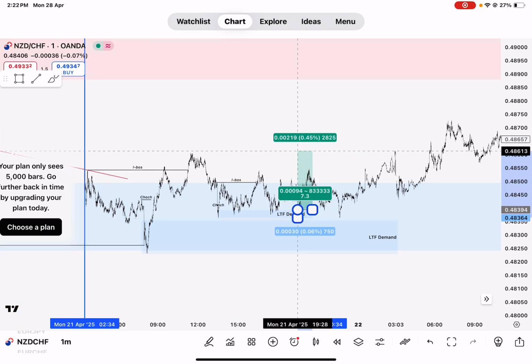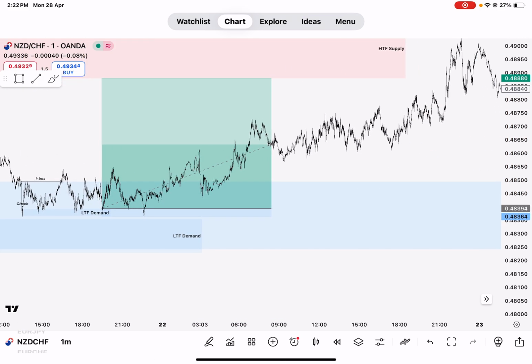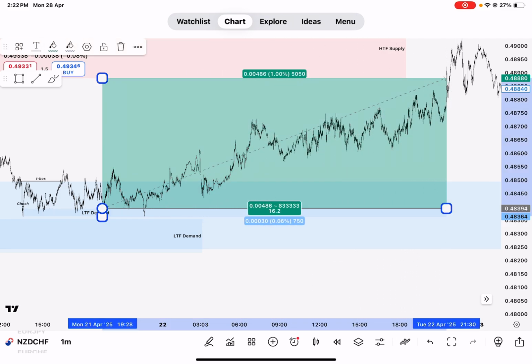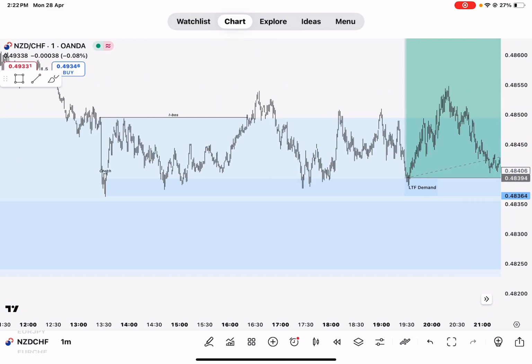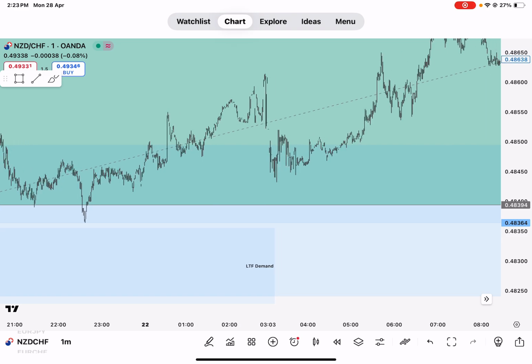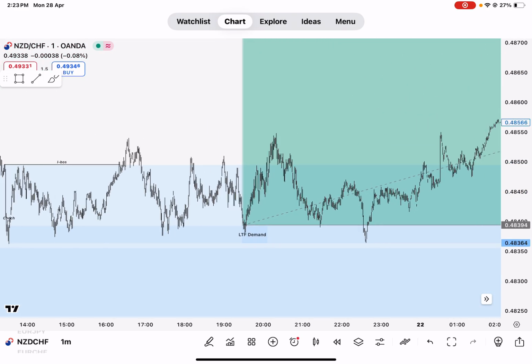The supply zone I can target over here is this, and literally TP was done. Everything was aligned. After everything got aligned, I took an entry. I didn't take any random entry or anything.